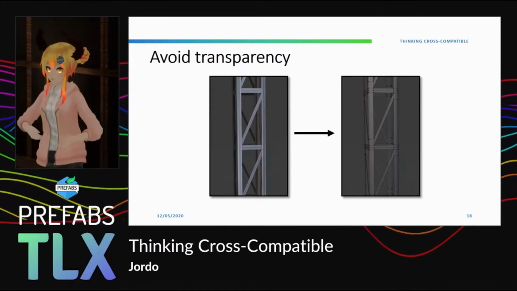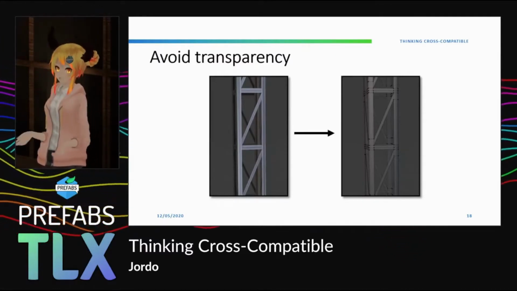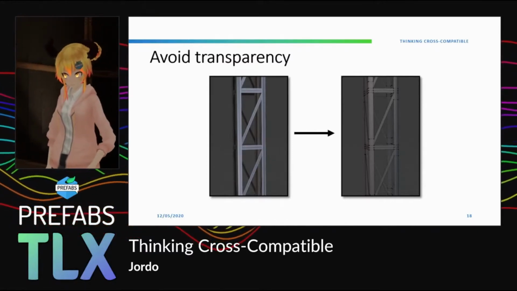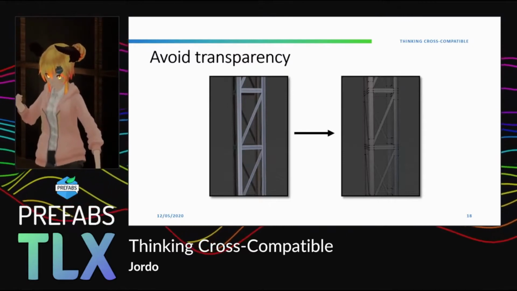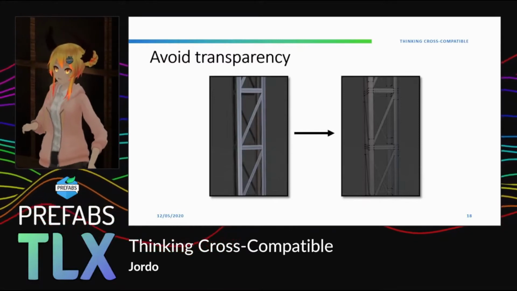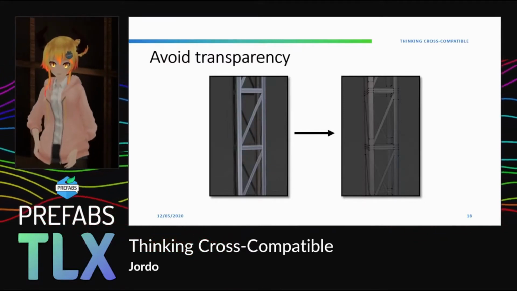But people don't assume it's empty. They still assume there's glass because there's a huge frame around it, and it just works. So avoid transparency as much as possible. Try to find ways to work around it, maybe a way to fake it. But just avoid it as much as possible.